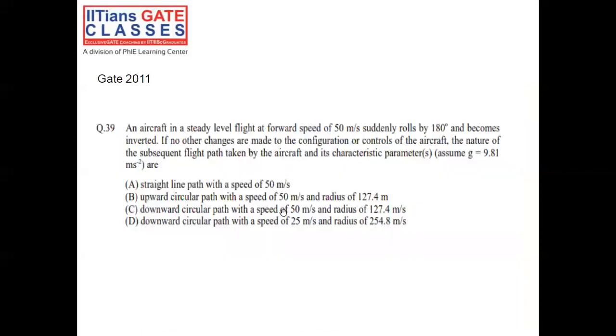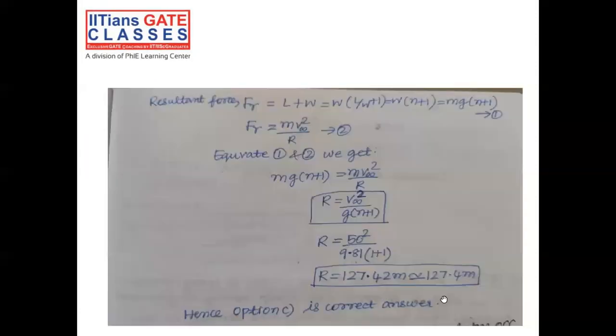Hence, from the given options, option C is the correct answer. That is, it is going into a downward circular path with a speed of 50 meter per second and radius of 127.4 meter. With this, I'll wind up today's section. Thank you.